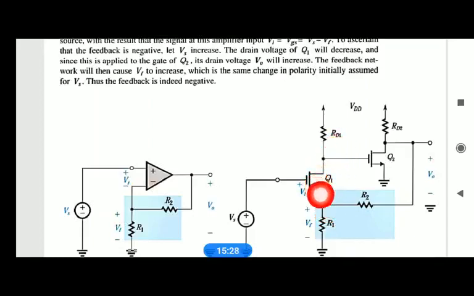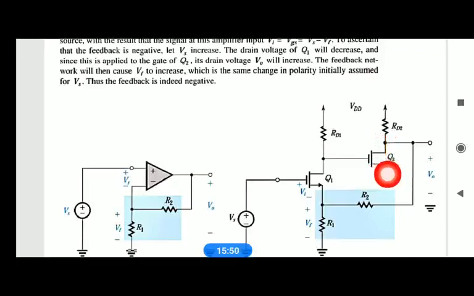When the voltage decreases here, the drain voltage, which is between drain and ground, also decreases. When it decreases, this transistor Q2 operates less because it is an N channel MOSFET. When it operates less, less current flows between drain and source.